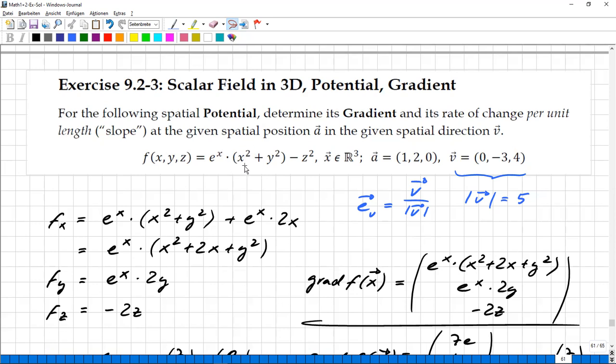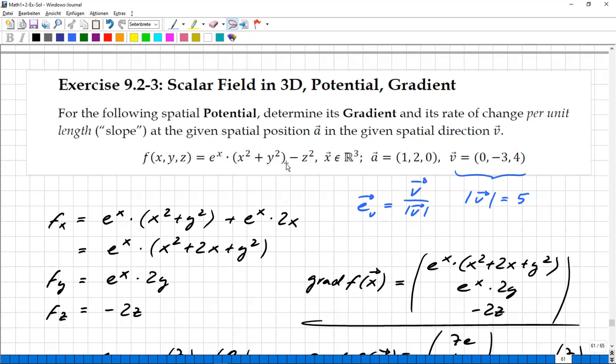So this one gets me 2 times x, and this is additively constant. Remember, we must treat y and z as constants. So that's it. And even this goes away, it disappears when differentiating for x because it's additively constant regarding x.